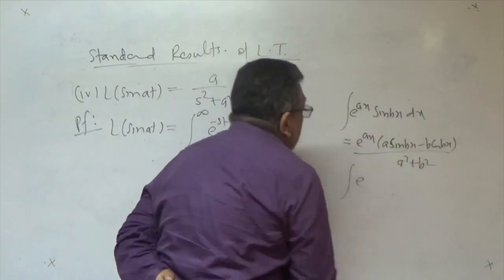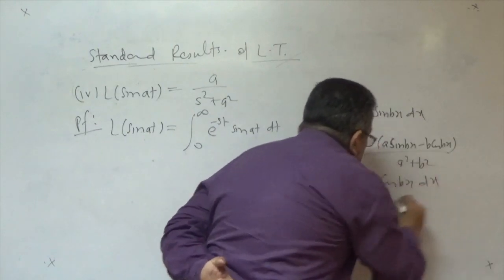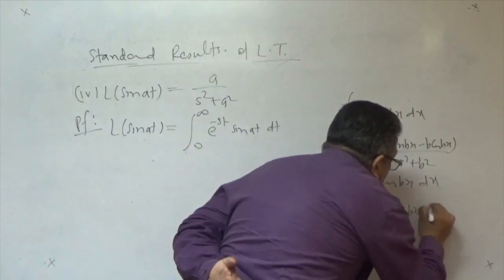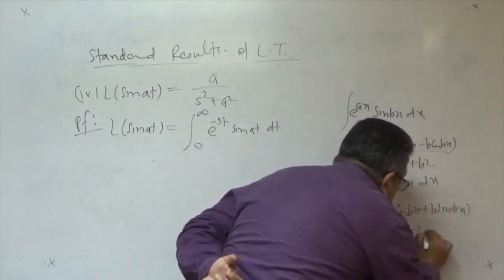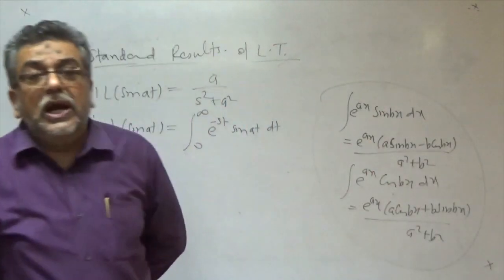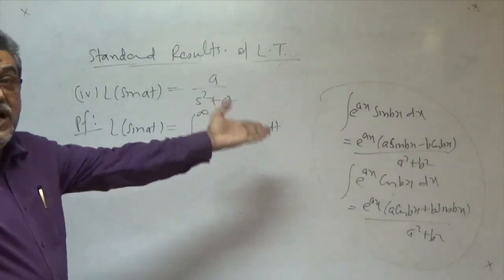Similarly, there is the formula for the integral of e to the power ax cos bx dx. This is equal to e to the power ax times (a cos bx plus b sin bx) upon a square plus b square. These are two standard formulas by which you can calculate such integrals directly.